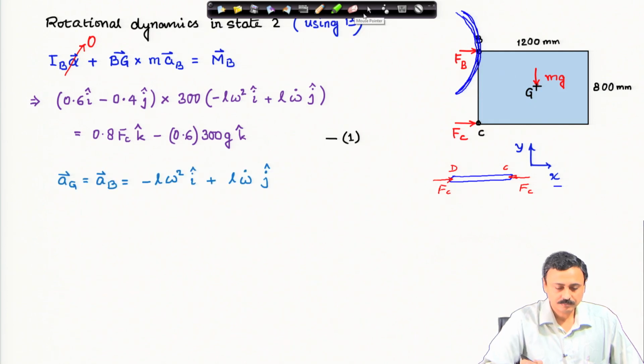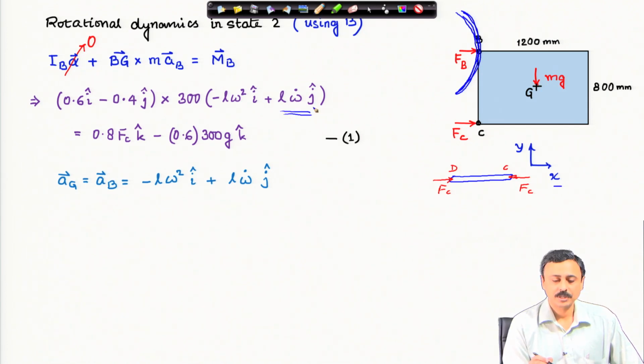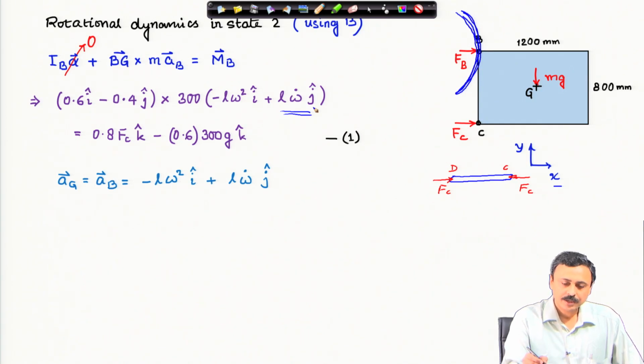Therefore, I have this angular momentum equation. Note, in this angular momentum equation, we still have some unknowns. Omega dot, the angular acceleration of the connecting link, that is not known.